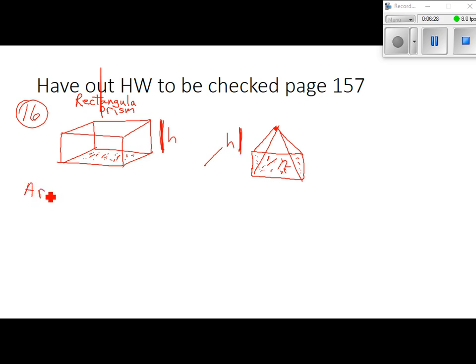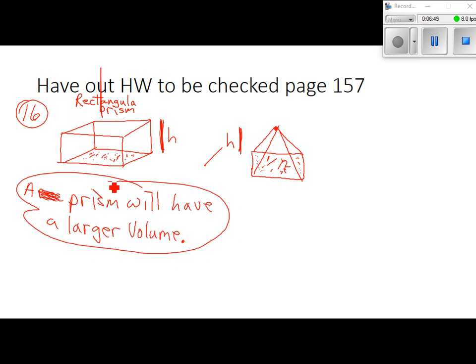A prism will have a larger volume. That's an alright conjecture. So if you're trying to fit stuff inside something, would you want to build a prism or a pyramid? No. A prism. If you want to fit more inside of it.